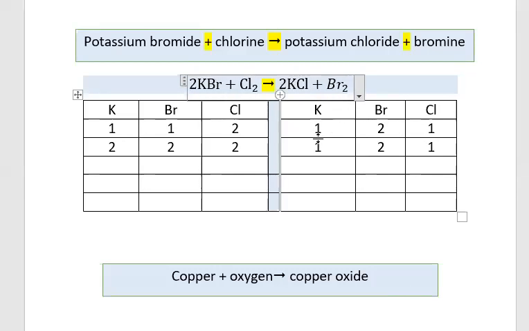Yes, that could absolutely work. So now when I tally it up, it becomes 2 potassiums, 2 bromines, 2 chlorines, right? And the same thing on this side. And I see that I am balanced. Right, well done, Michael.